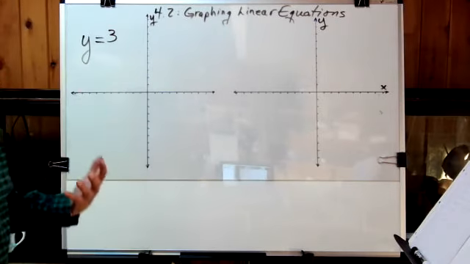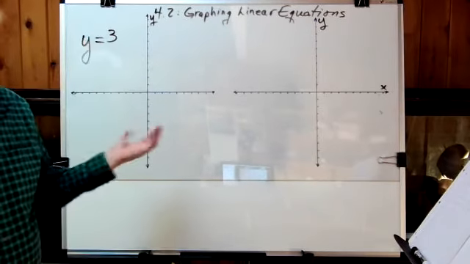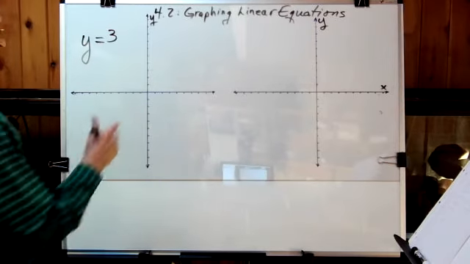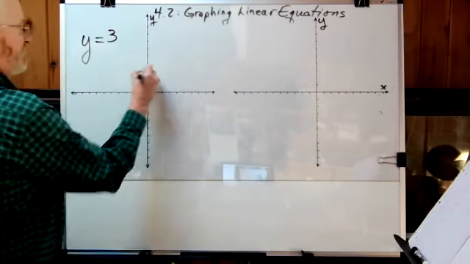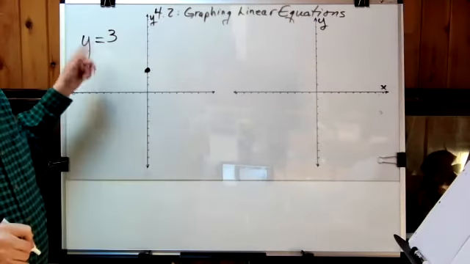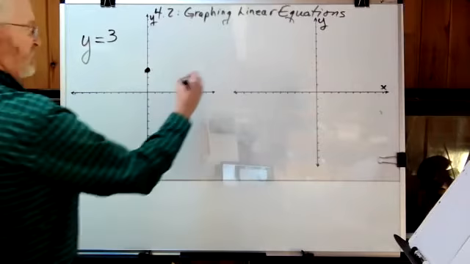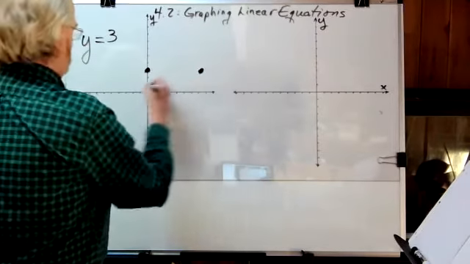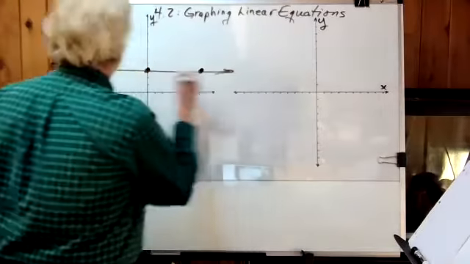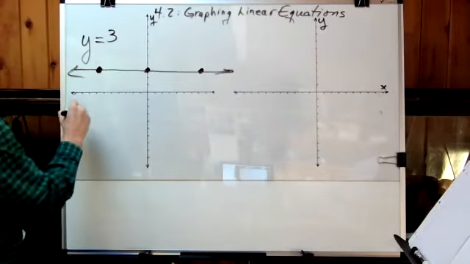Try to think about what it's saying. Y is always 3 and doesn't care what the x is. Even if x is some number out here, it doesn't affect this equation. Y is always 3. Horizontal line.